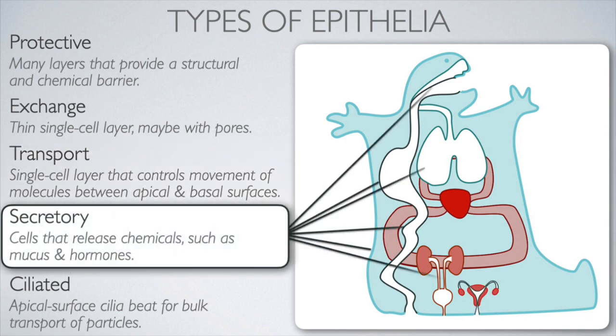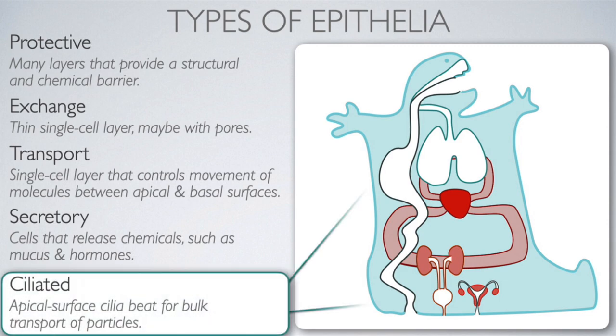We also have secretory cells, which secrete stuff. They release chemicals like mucus, they release hormones, and they play essential roles in the endocrine system, which we'll get to later on. They just secrete stuff. They're not in the business of taking on molecules across the membrane, they're just releasing molecules.